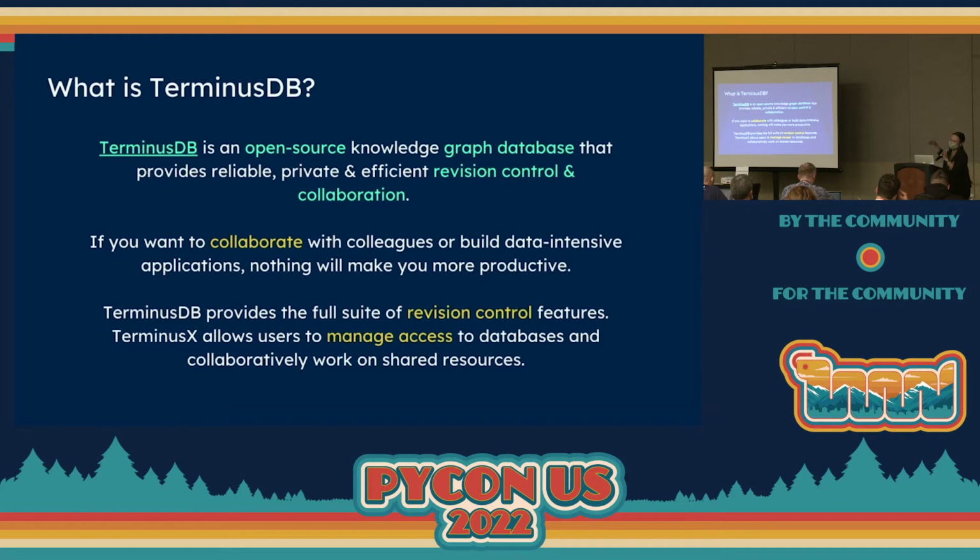The source code is open. It will have some features that you may like, like revision control. Also, we are trying to create a cloud version where you can easily collaborate and share a database between two people, like GitHub, where you can share a repo between people.